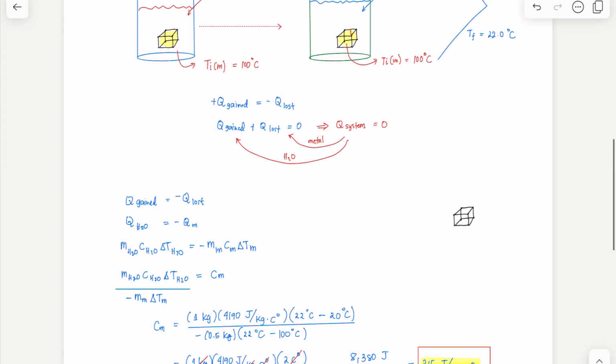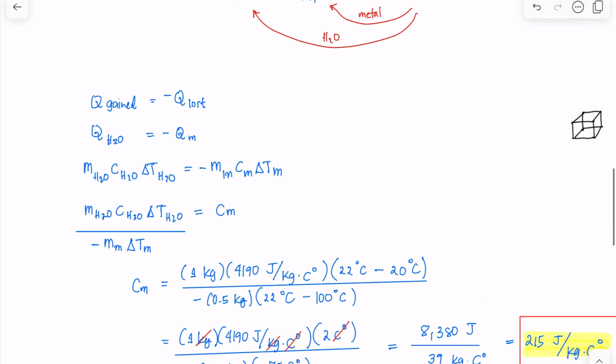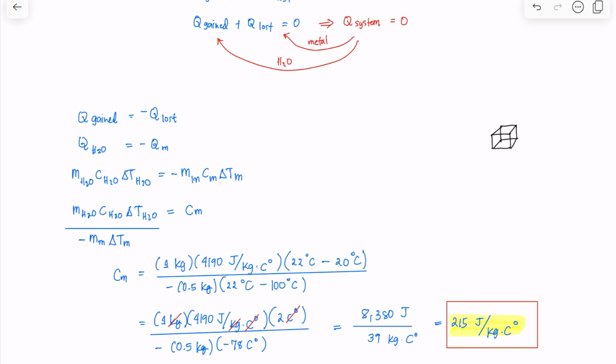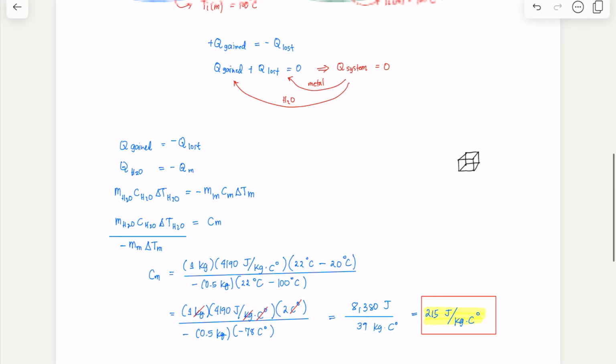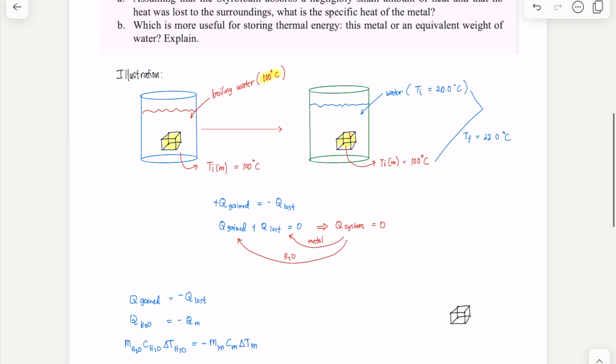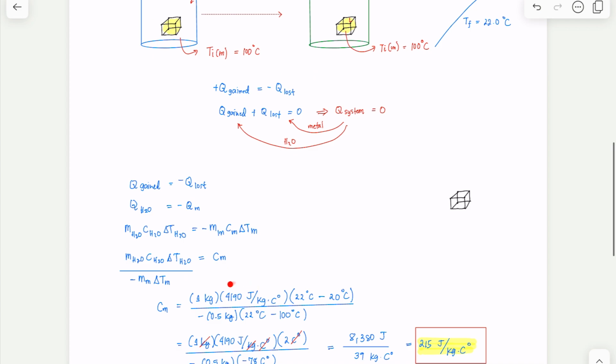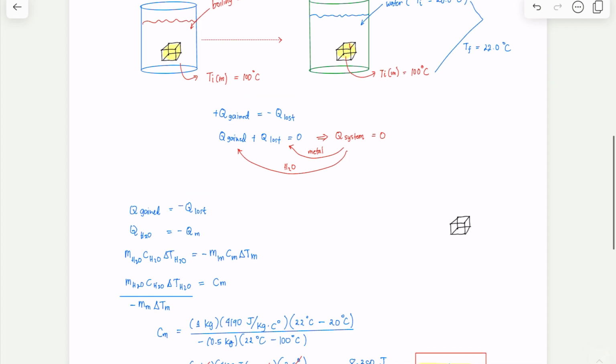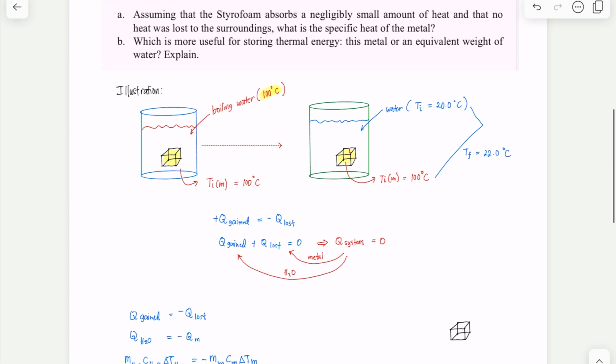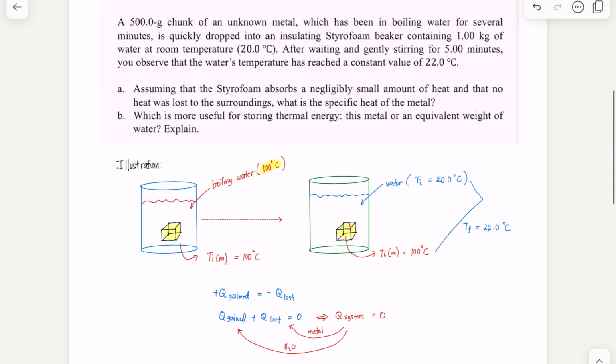However, for water, for every 1 kilogram of water which I need to raise by 1 Celsius degree, I need 4190 joules of heat energy. Therefore, just from the value of C, I could say that water is still more effective in storing thermal energy because it requires more heat energy before raising its temperature. So it's, in a sense, a better storer of thermal energy.